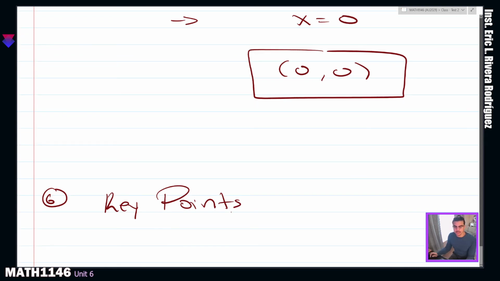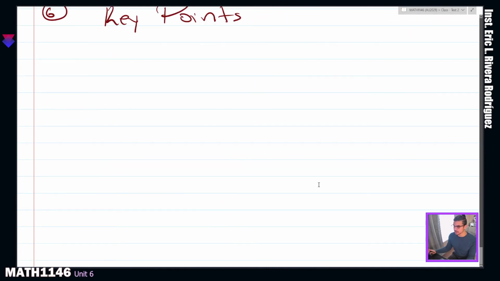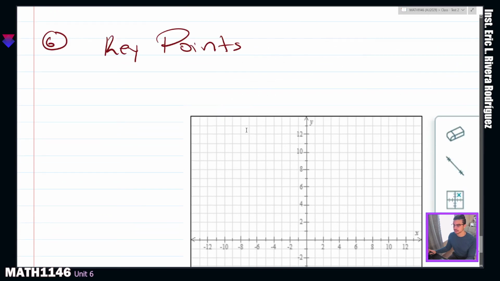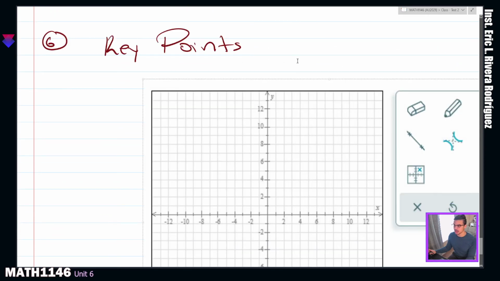Here we have just one vertical asymptote. So we need 4 key points. And this is how we are going to do it.